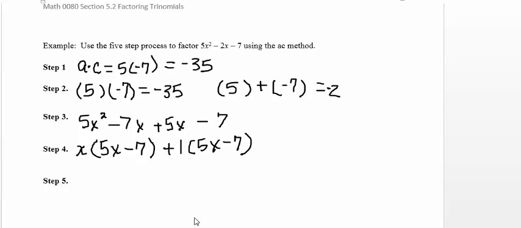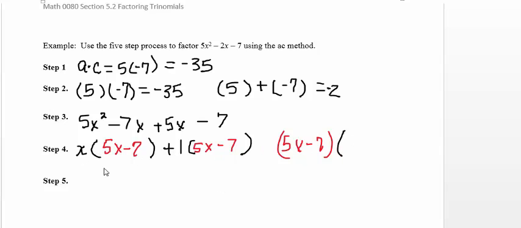So I'm going to need a GCF of the last two terms that also multiplies by 5x minus 7 to give those two terms. So my common binomial factor is 5x minus 7. So this factors into 5x minus 7 times x plus 1.